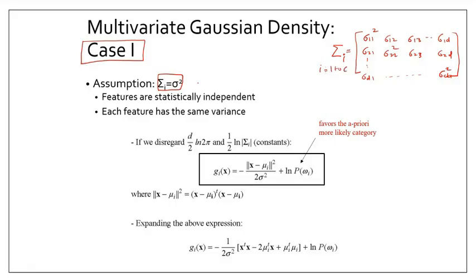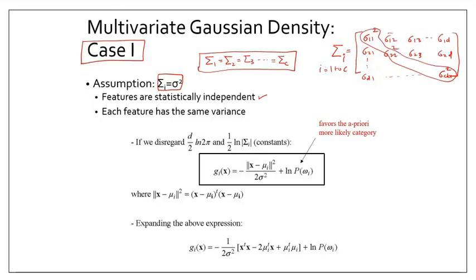And what this first case is assuming is that sigma 1 is equal to sigma 2 is equal to sigma 3 up to sigma C. For all classes, the matrix is the same, and that too the features are statistically independent. That means the off diagonal elements in this matrix are 0.